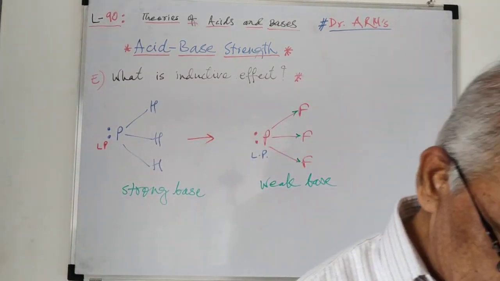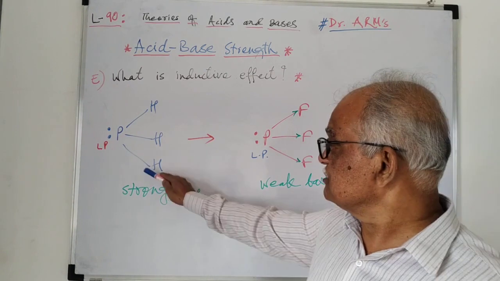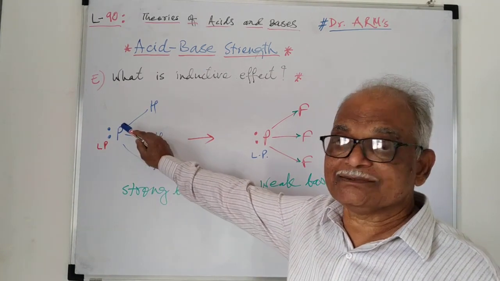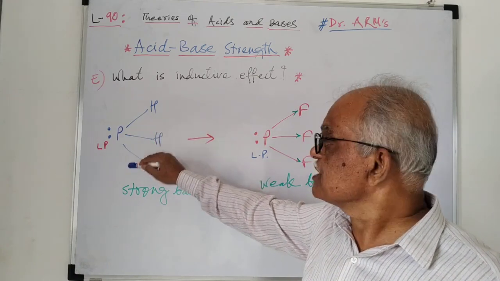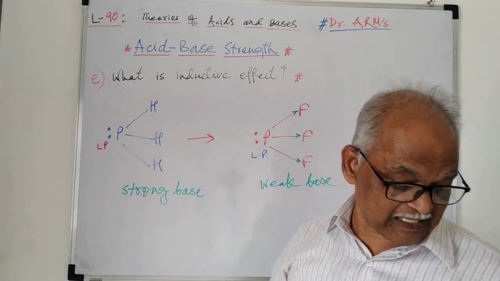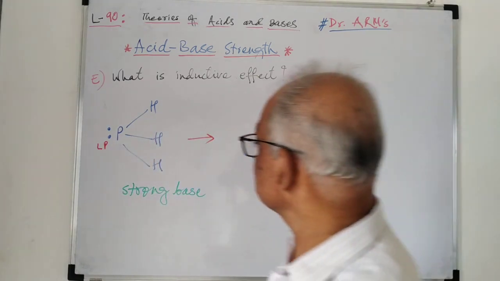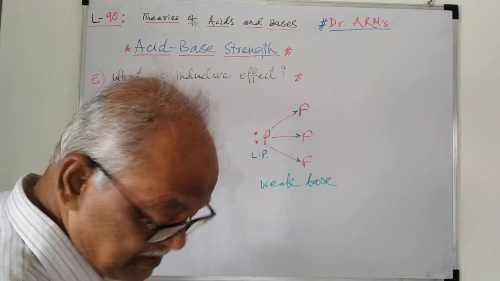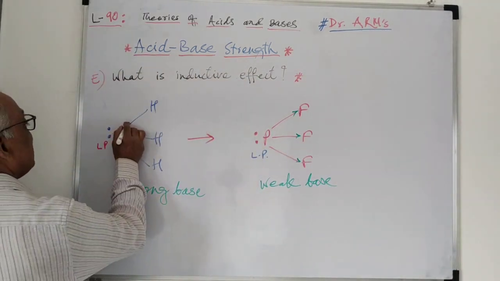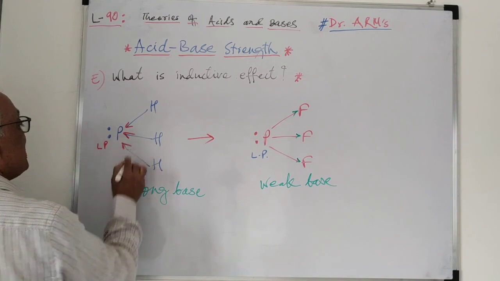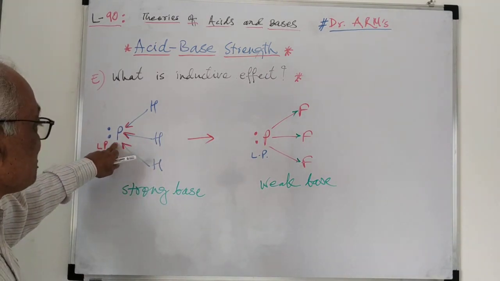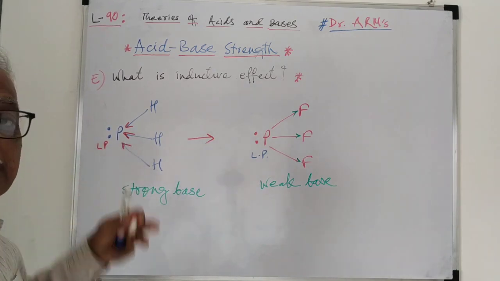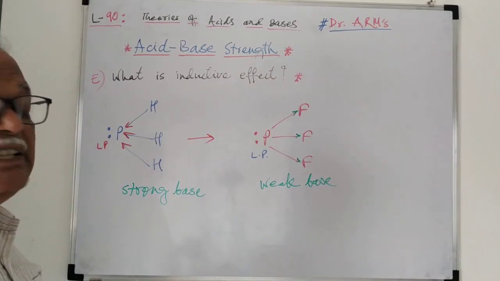So in this case, this bond pair is not withdrawing or moving towards hydrogens, but it is moving towards this phosphorus atom. So we can show this movement like this, because of which electron density is concentrated on phosphorus, and this lone pair can be easily lost to the Lewis acid.